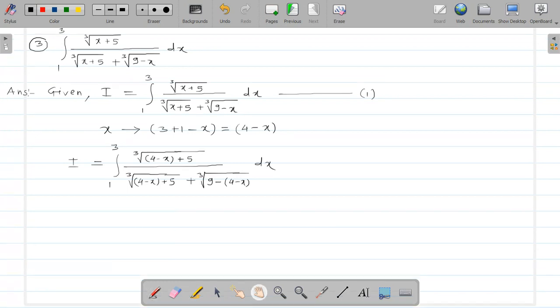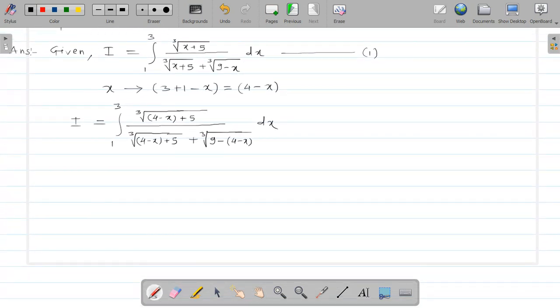If you solve that expression, then integration from 1 to 3, in the numerator cube root, what will you get?